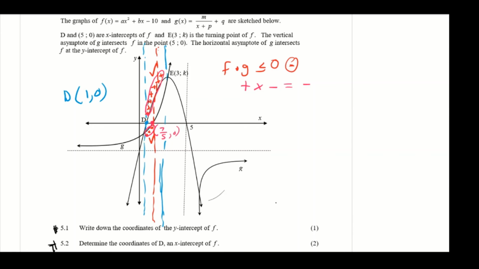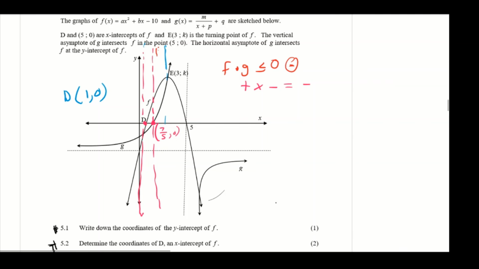Let me just erase everything here so that it becomes neat for you to see. So now at this point we know x is equal to 7/5. I'm going to create a boundary going up like that, and I'm going to create another boundary at d, which is equal to 1 and 0. I'm going to do like this.